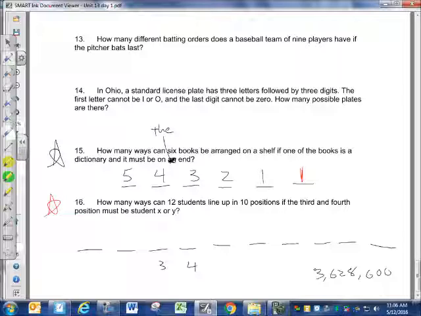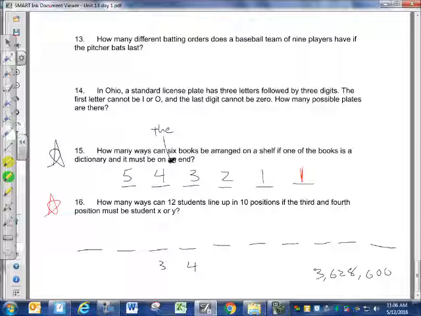You pick X and Y here. That means we go from 12, 11, 10 people for that first spot. 3,628,600. That's a big miss. Nope, close.